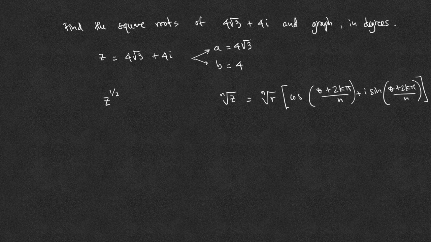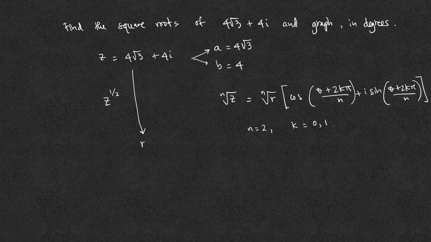In this case, since n equals 2, we will use k equals 0 and 1 only. But first, we need to find the polar form of this complex number.